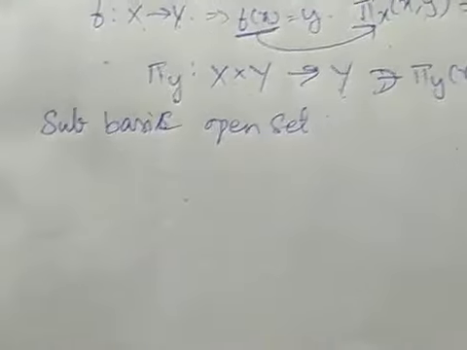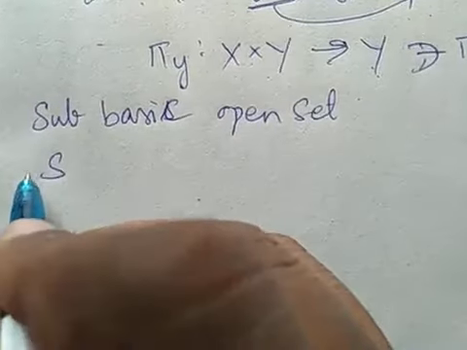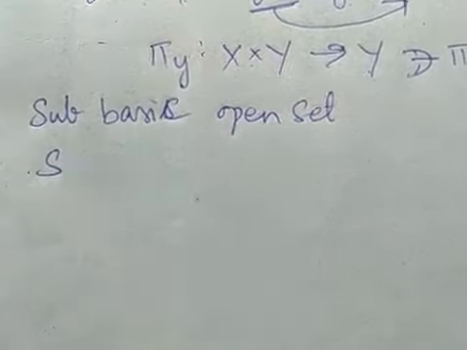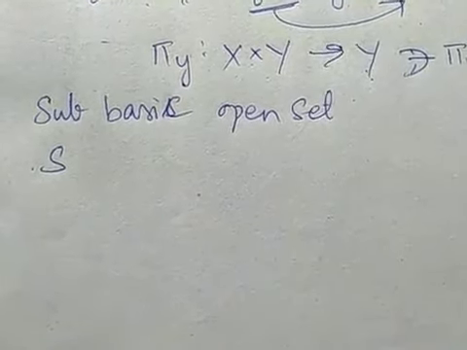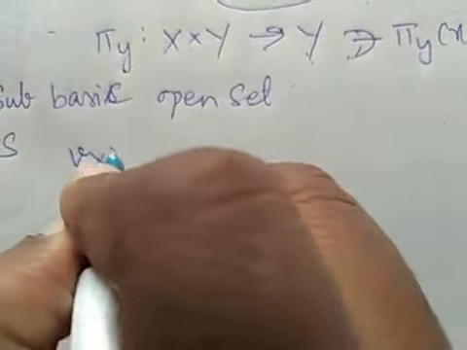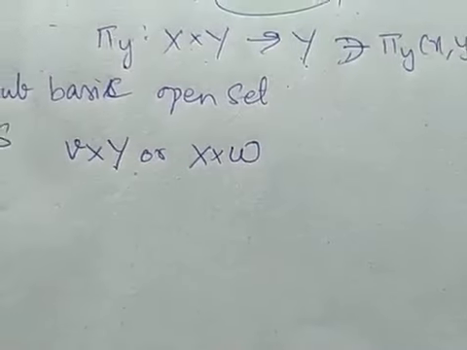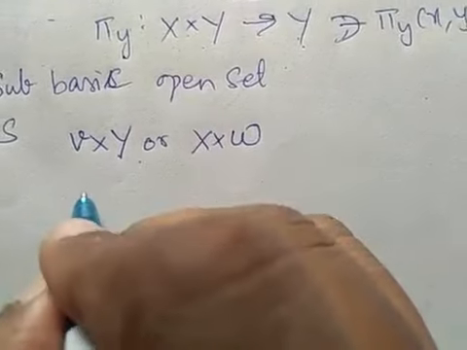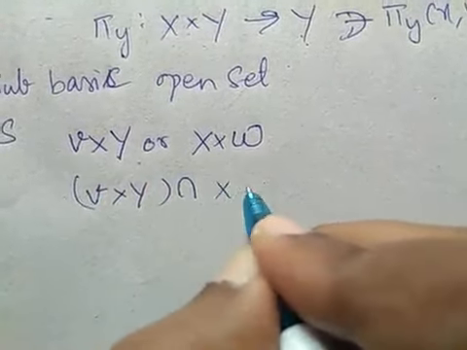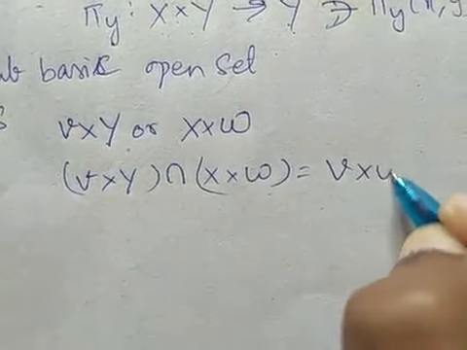The subbase S consists of the set of all sets of the form V cross Y or X cross omega, such that V cross Y intersection X cross omega is equal to V cross omega.